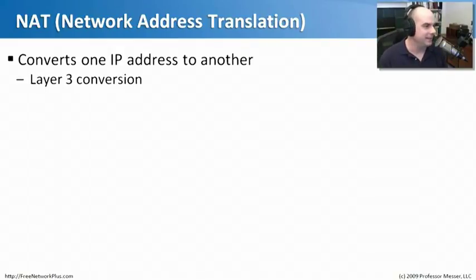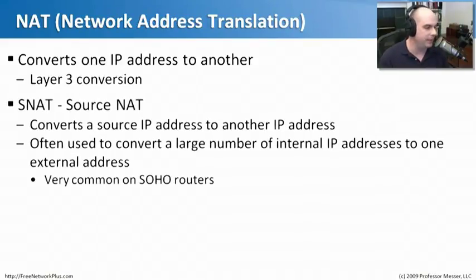This NAT takes the IP address you have internally, converts it to something else, and then it's able to talk out on the internet. It really converts it to a publicly available IP address. We call this a layer 3 conversion from the OSI layers. We're converting the IP address from one thing to another. We're not really changing anything in the packet. No data really changes, only the IP address that happens to be in there.